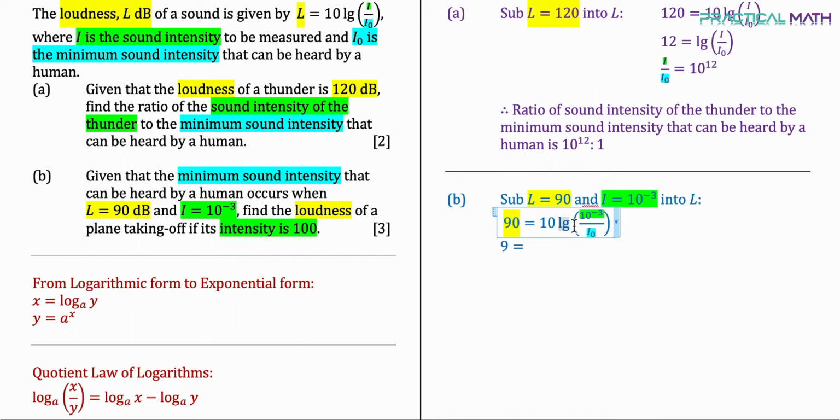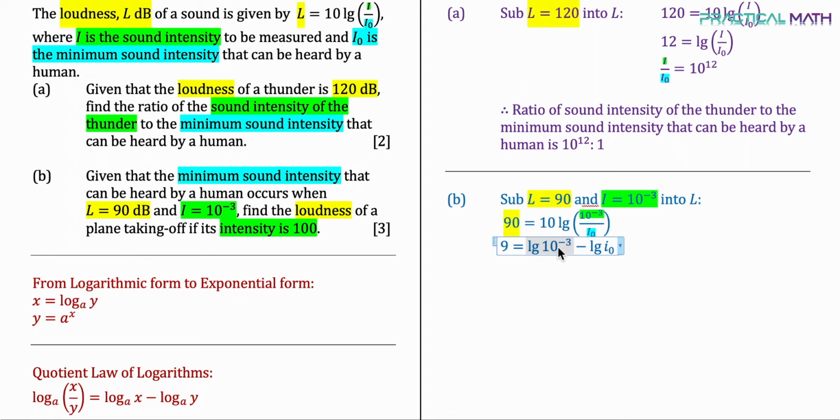So I'm going to split a single log base of 10 into 2 logs base of 10. So therefore we're going to have it like this: LG 10 to the power negative 3 minus LG I naught. Now notice that LG 10 to the power minus 3 can actually be pressed in a calculator, so this is in fact a number that we can work out with the calculator.